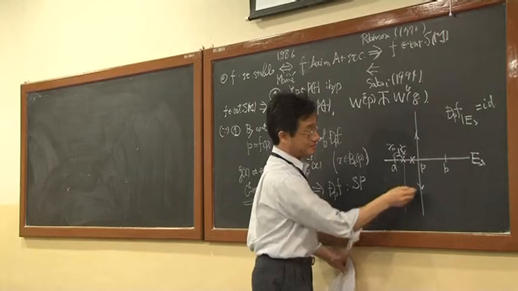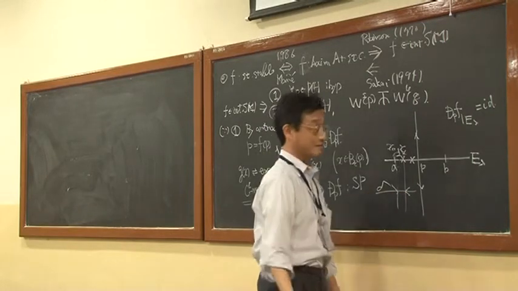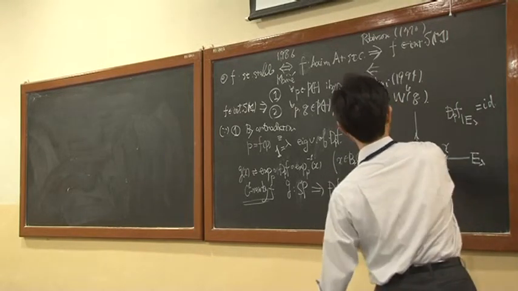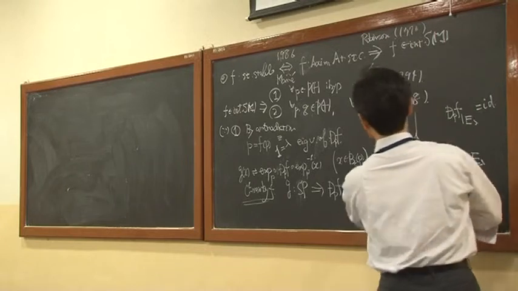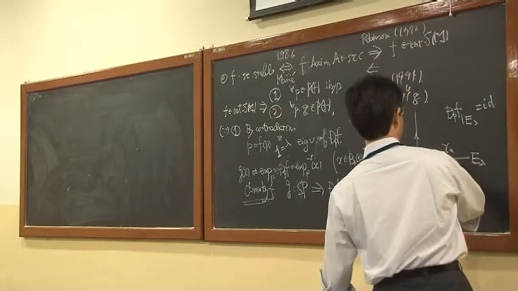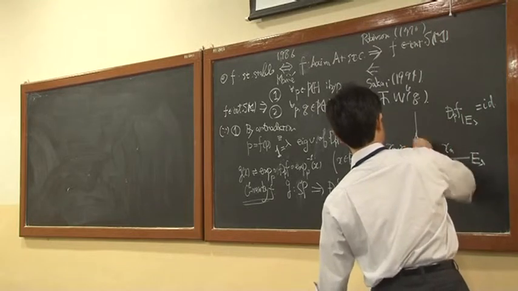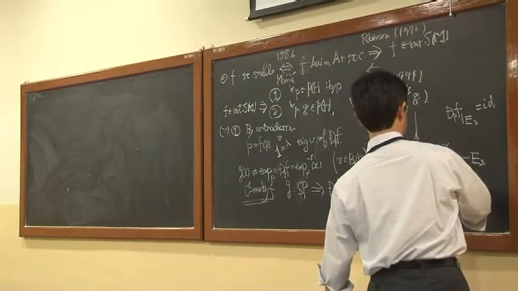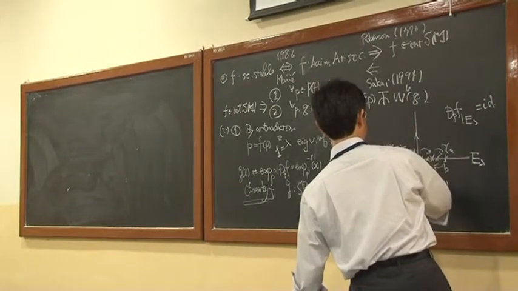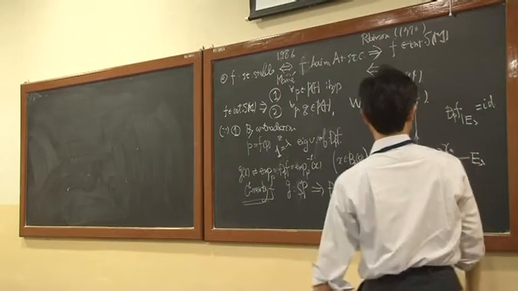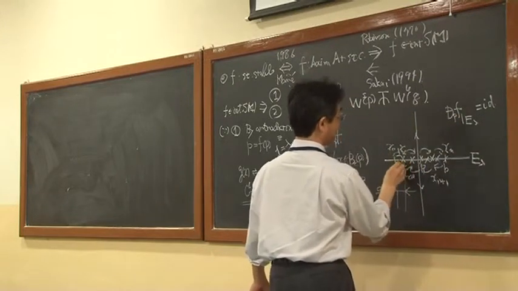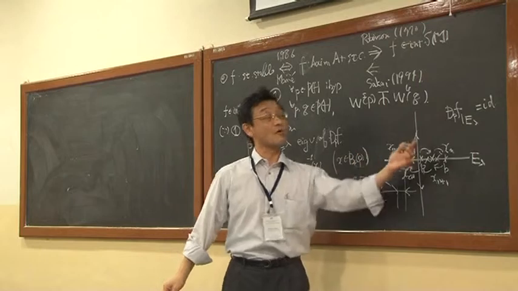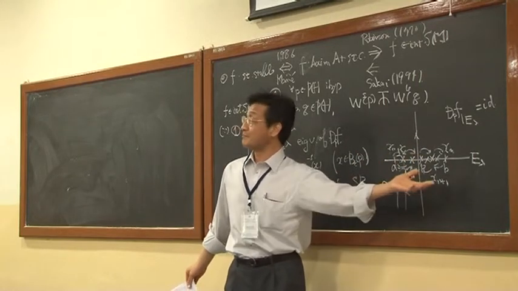Just equally divide the length by delta, up to xn, going forward and back. So this is a delta pseudo orbit of this map, going forward and back infinitely many times.